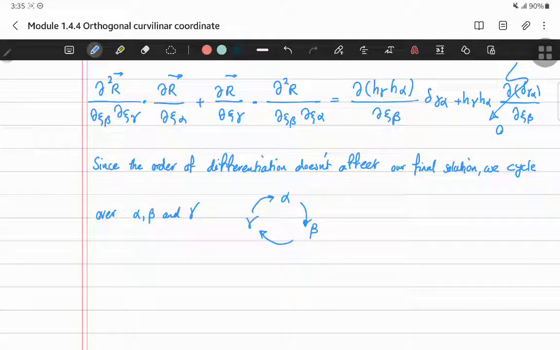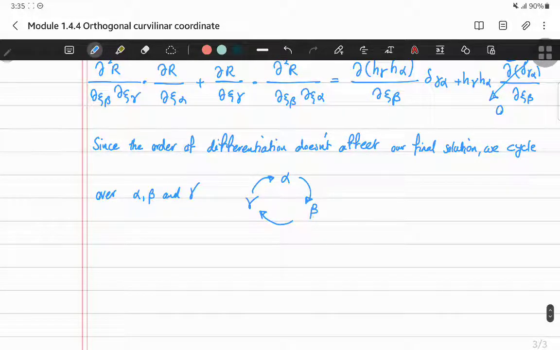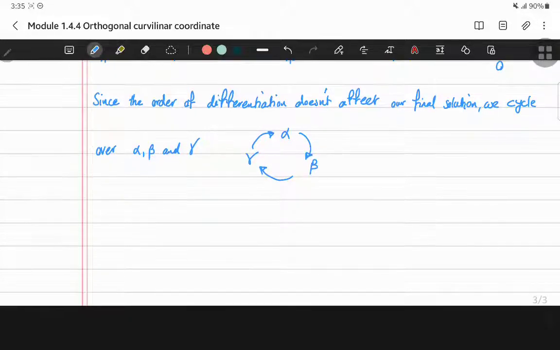That means if we have alpha, we put beta instead. If you have gamma, you put alpha instead. If you have beta, you put gamma instead.